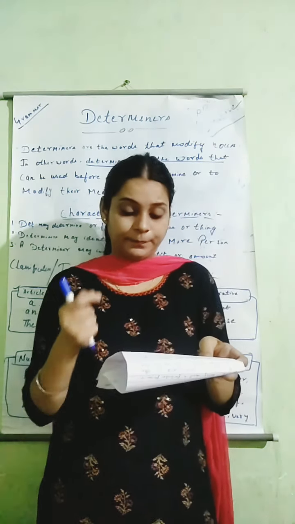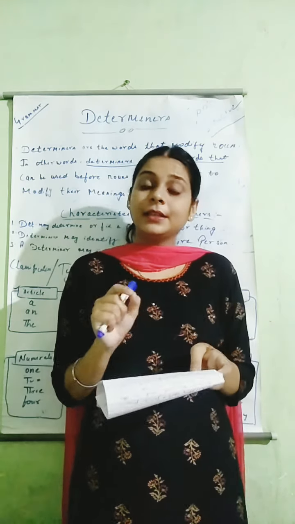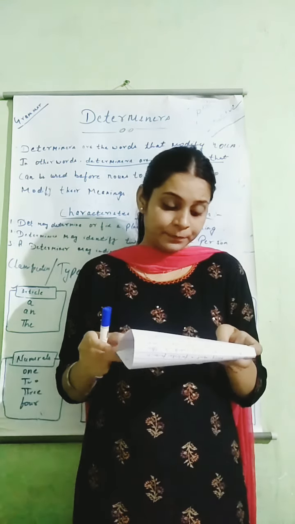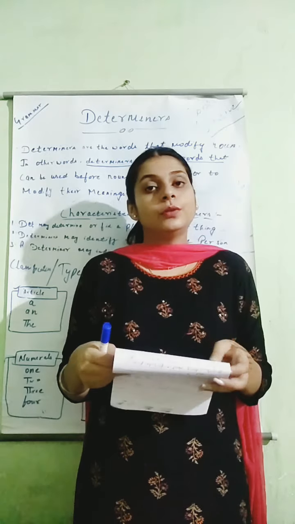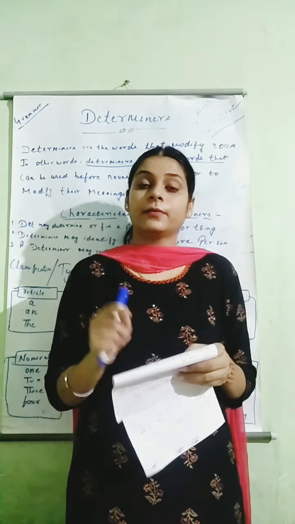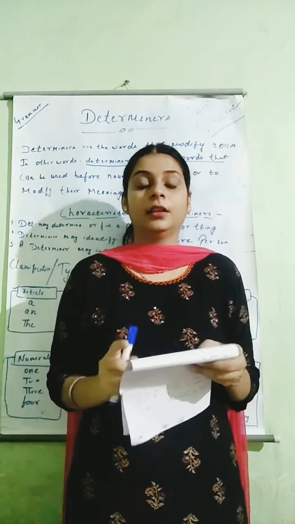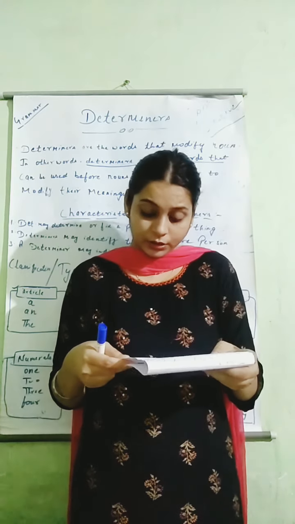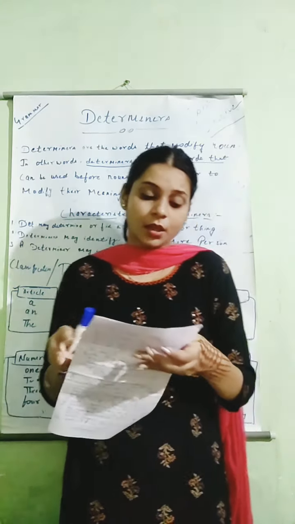But we say Valmiki's Ramayana, you must remember that. We also use the in front of unique things, which are one of their kind: the sun, the moon, etc.